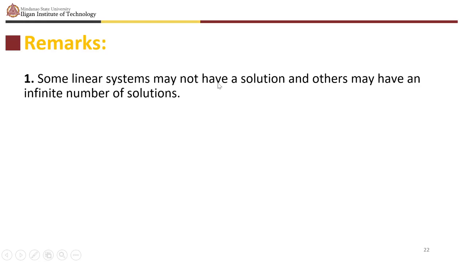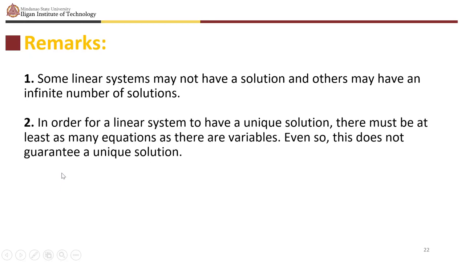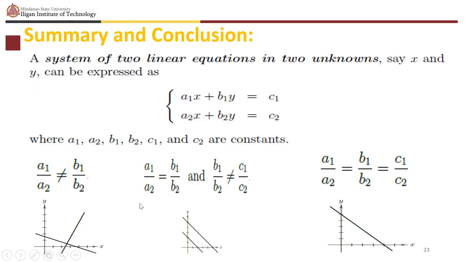Some linear systems may not have a solution, that is, if the equations are actually parallel lines. And in order for a linear system to have a unique solution, there must be at least as many equations as there are variables. But even so, this does not guarantee a unique solution.